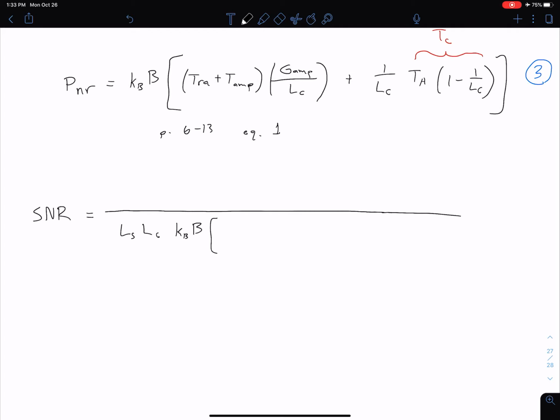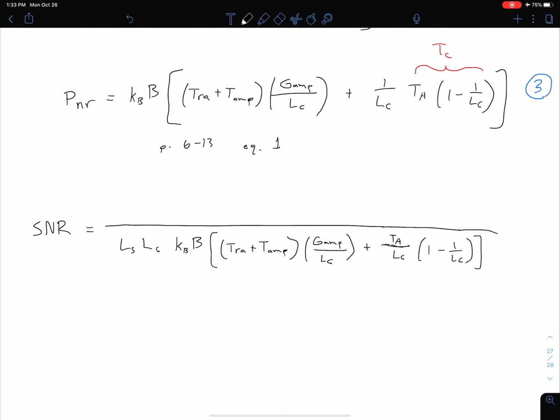And then in parentheses, we have our receiving antenna temperature, T sub RA, plus T amp, all of that multiplied by G amp divided by L sub C, plus our T sub A over L sub C times 1 minus 1 over L sub C.